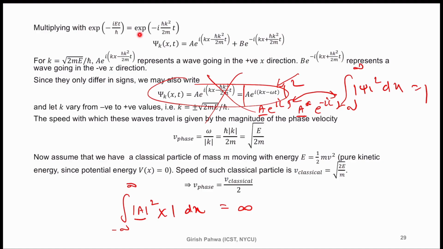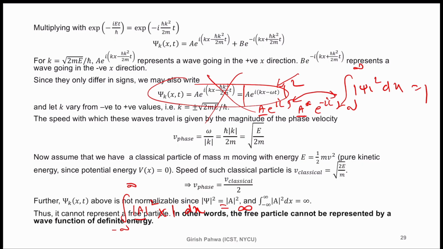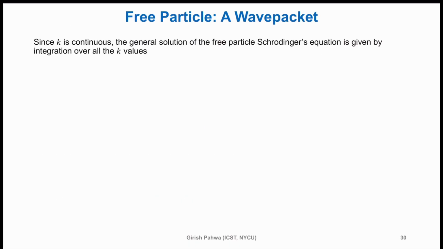But the story does not end here. This is not the most general solution. The most general solution will be an integration of this psi with respect to x, with some multiplication of the coefficient. So let's see.